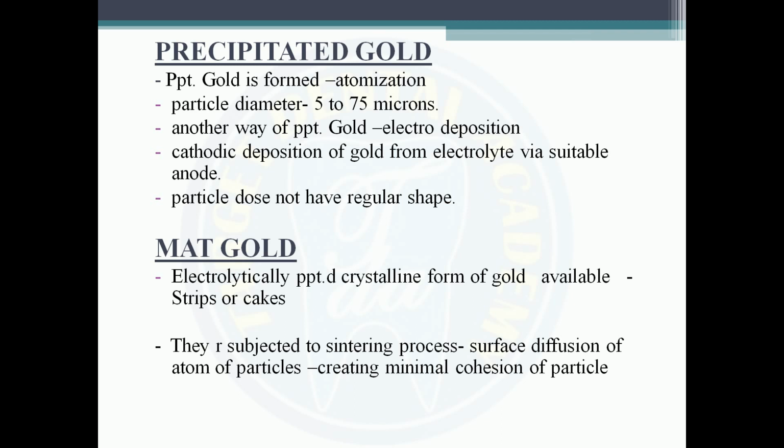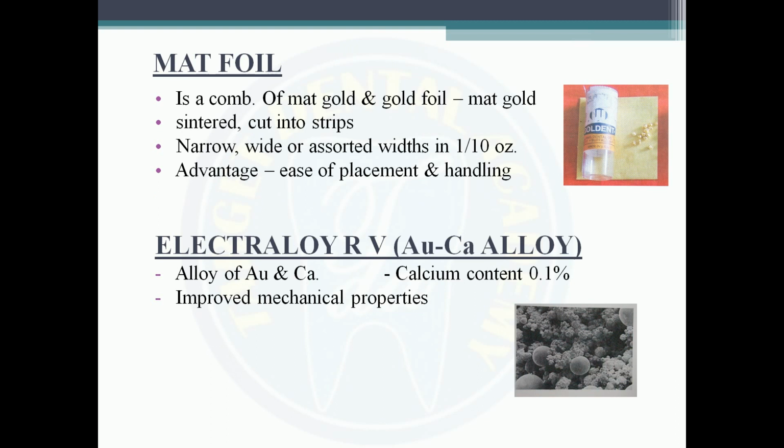Next MCQ: Electra alloy is an alloy of, your answer is gold and calcium, as I've already told you in this slide. Electra alloy is an alloy of gold and calcium. It was asked in your AIIMS exam. Cohesion of gold foil is an example of, answer is atomic attraction and welding.